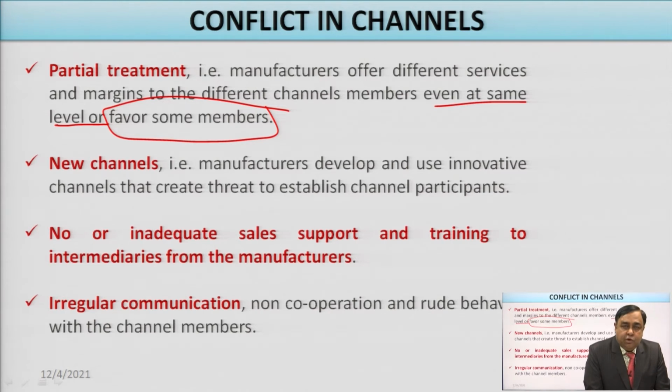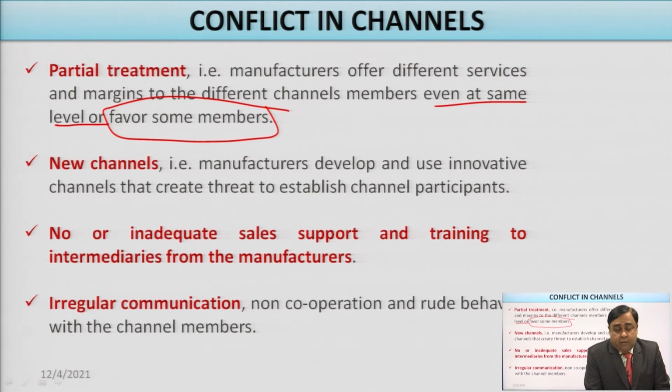If a manufacturer shows a preference, if a manufacturer offers greater margin to particular channel members who are at the same level of hierarchy, automatically this will lead to dissatisfaction amongst the members.